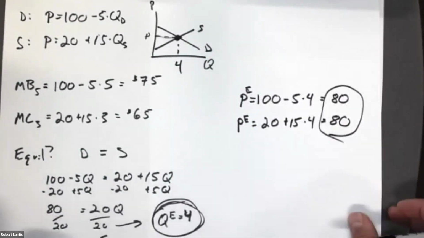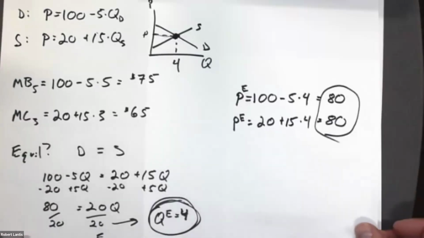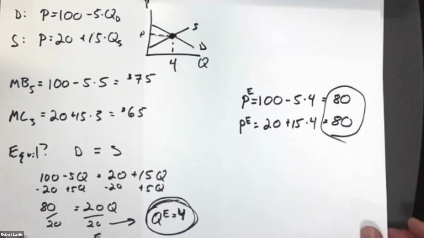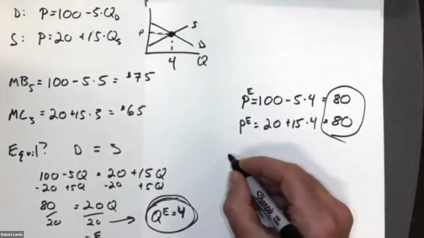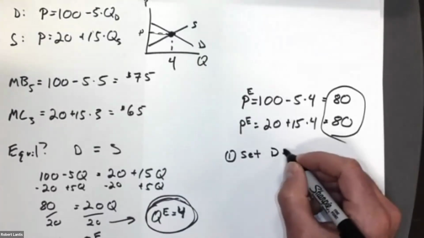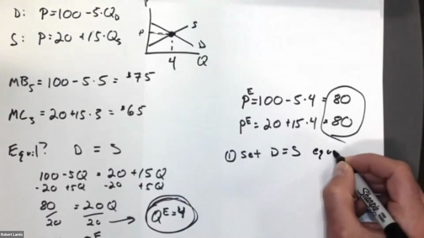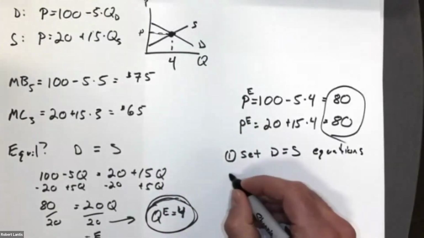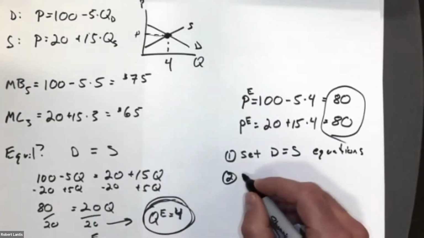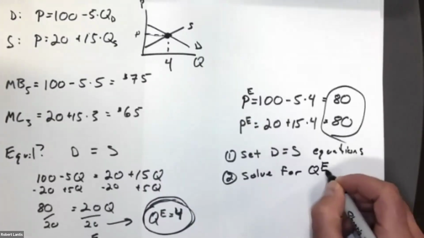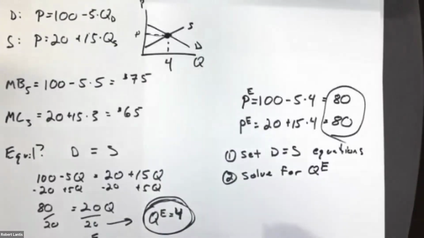So what are the general steps when you have these equations? Because you will see a question like this on the quiz and exam. The first thing that you'll do is set your supply and demand equations equal to each other. You'll then solve, doing the algebra, to find that equilibrium quantity.